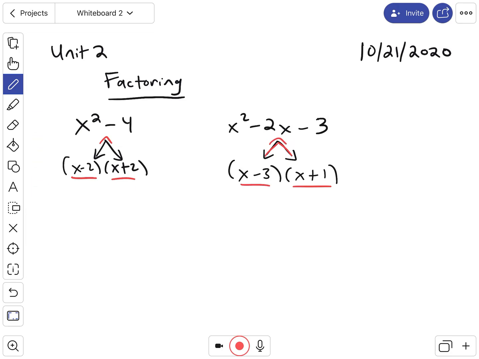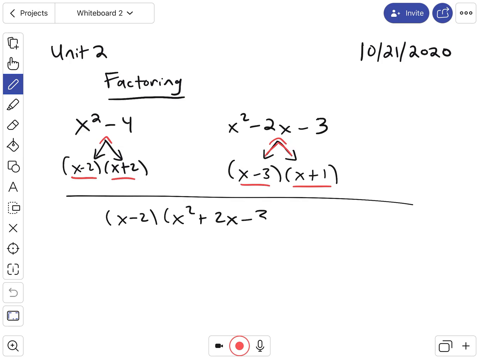You may have even multiplied, let's say, something like this, using those methods of FOIL or the box method to multiply them.